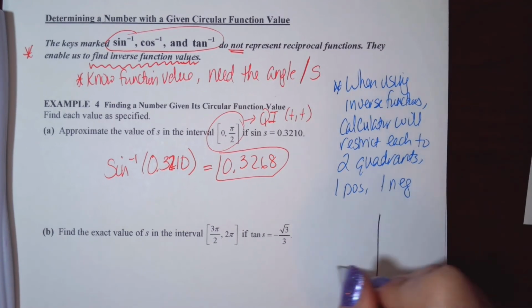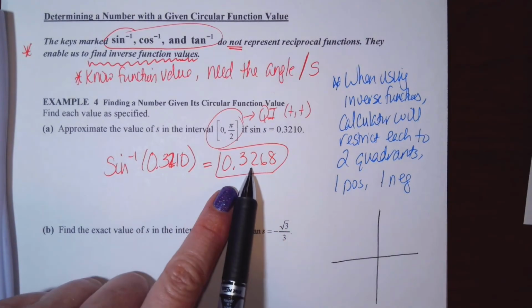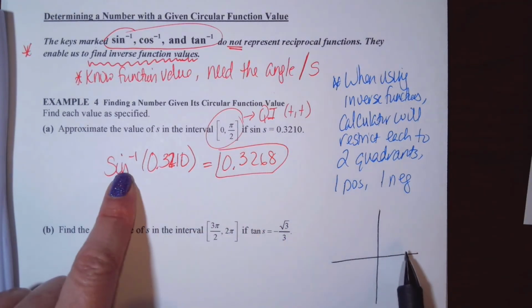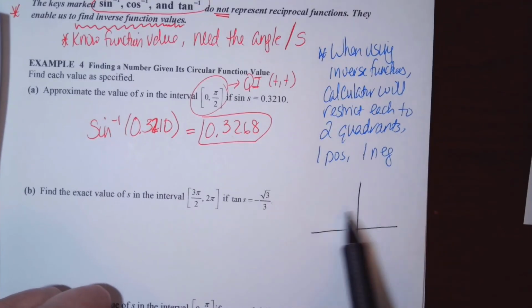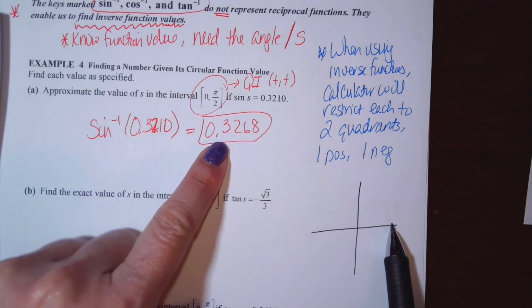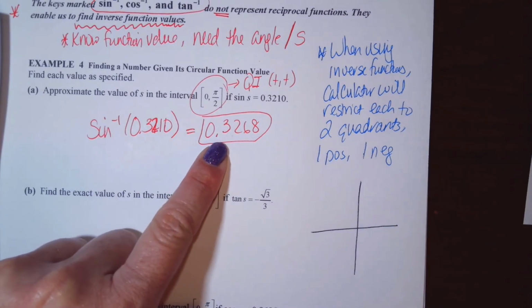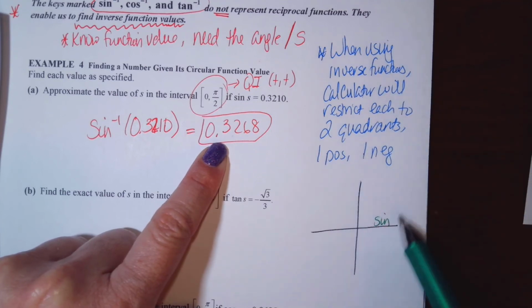So when we think about those inverse function restrictions, they say, okay, if sine is positive, well, sine is my y value. Sine is positive in both quadrants 1 and 2. If I plug in a positive value for sine, my calculator is going to automatically give me a function that's positive in quadrant 1.